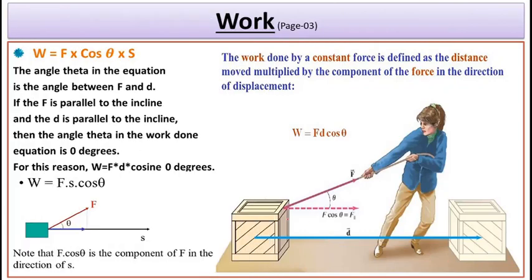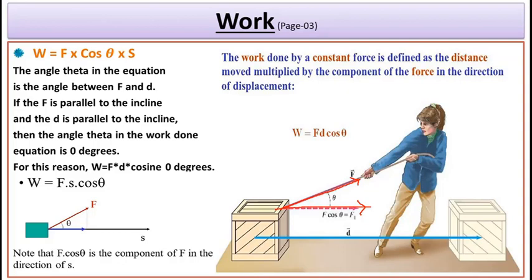Here you can see the girl is pulling this box in the upward direction, whereas the box is moving parallel to the surface. Therefore, we have two different conditions: the direction of force is different from the direction of the displacement.